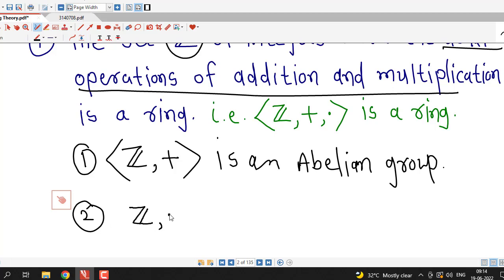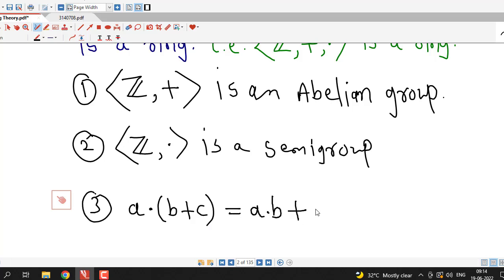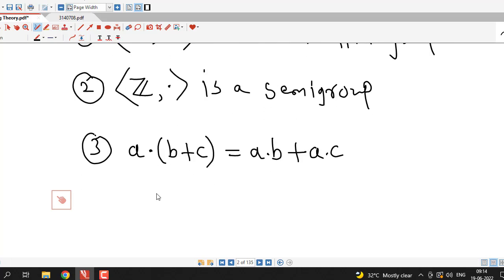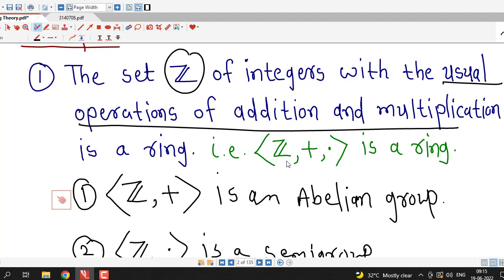Similarly, Z with standard multiplication is a semi-group. And we know that standard multiplication is always distributive over standard addition. So this property is also satisfied for any 3 integers, a dot (b plus c), and similarly (b plus c) dot a, that is b into a plus c into a. Because all these 3 properties are satisfied, the set of integers Z under standard addition and multiplication is a ring.